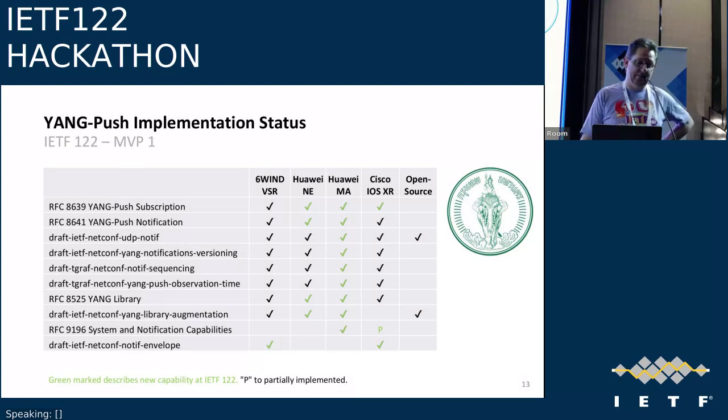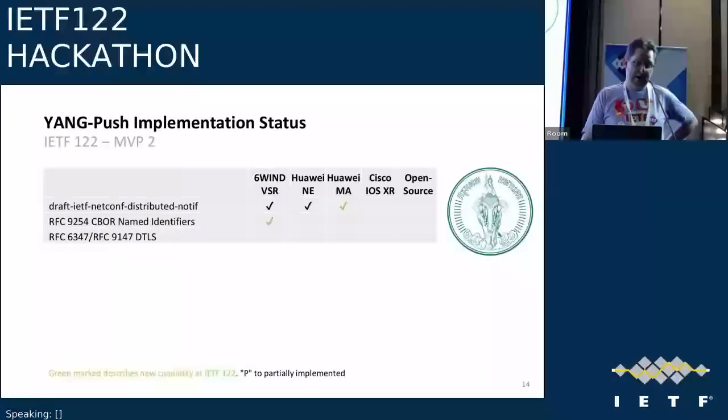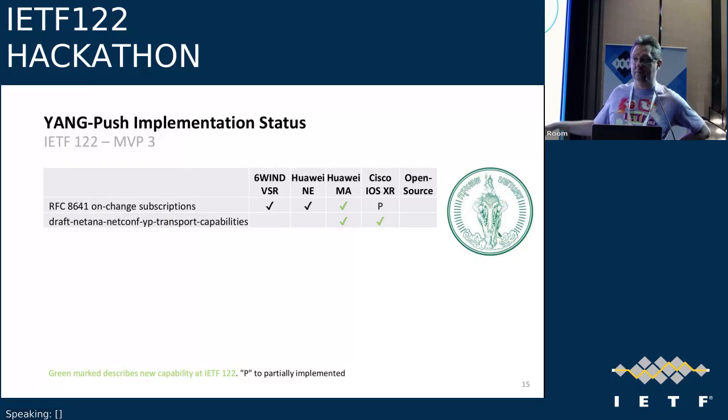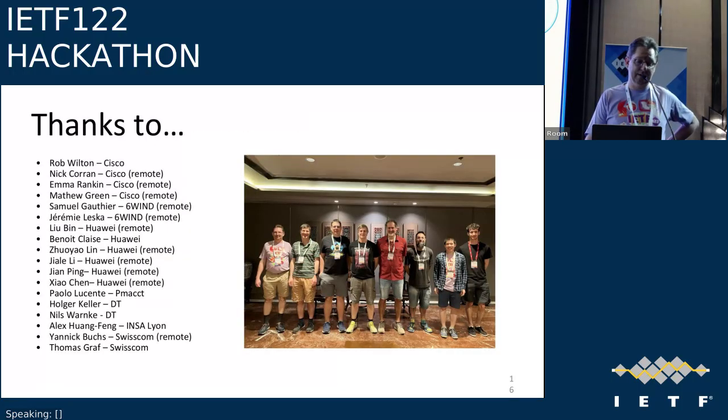Green marks the new features compared to the previous hackathon. That was MVP 1, this is now MVP 2. So we have the first CBOR implementation, and we are also moving slowly towards the capabilities discovery as well. This is the hackathon team. Thanks a lot. It was a lot of fun here. Thanks.